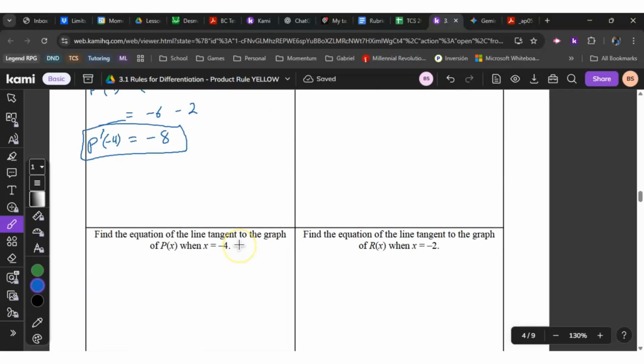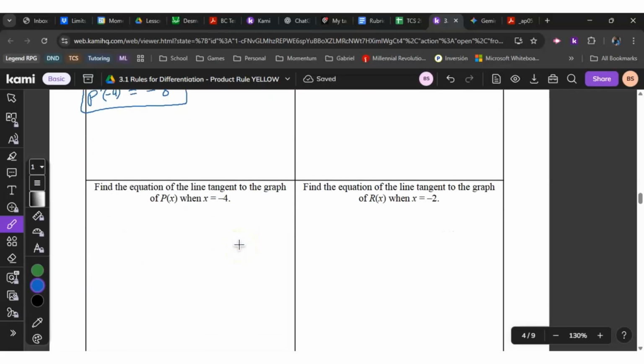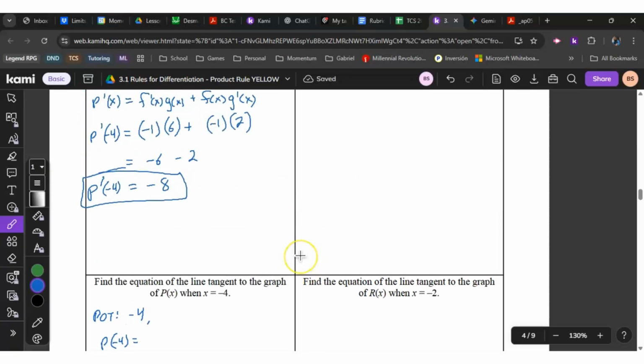All right. Before we move on to the next one, let's write the tangent line here. That means I need a point. My point is -4. And that means I need to find p of -4, which means I need to find f of -4 times g of -4, right? Well, we found the two values. We didn't put them together. So f of -4 was -1. G of -4 was 6.